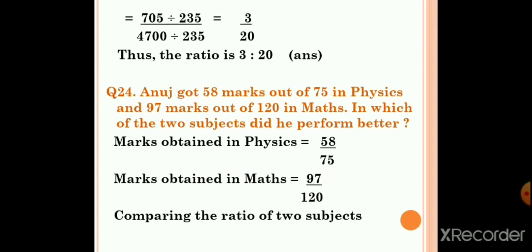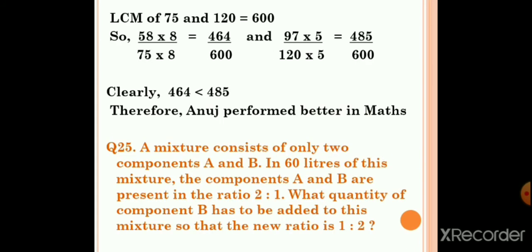So first we'll take the LCM of the two numbers. The LCM of 75 and 120 is equal to 600. So first we will multiply 58 by 75 into 8 by 8, so it will become 464 by 600. And again, converting this 120 denominator to 600, we have to multiply both numerator and denominator by 5.